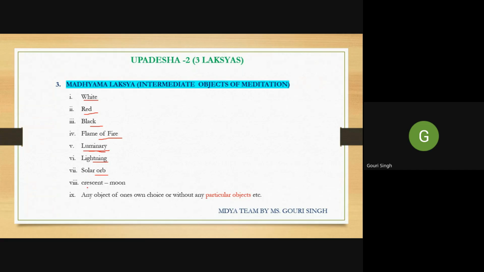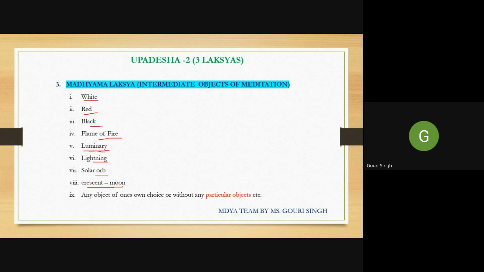Then crescent moon, that you can do, that is your external objects. Sorry, these all are called as the Madhyama Lakshya, or your intermediate objects. Who can tell me what do you mean by crescent moon? Like half moon. Yes, half.